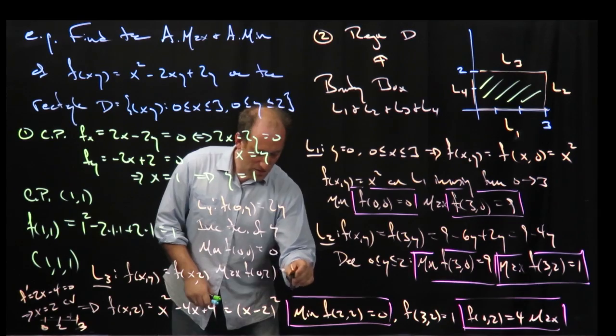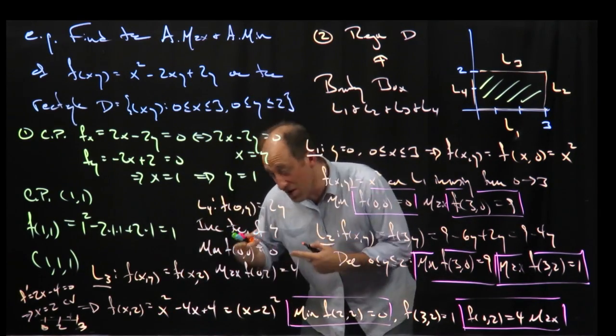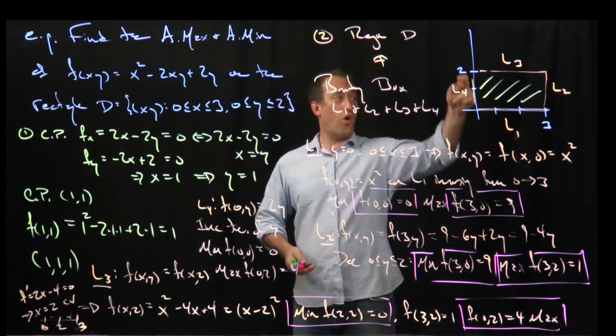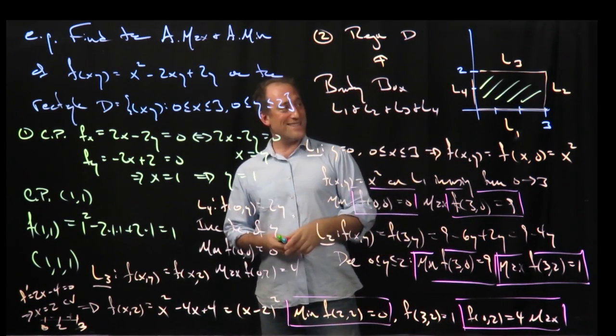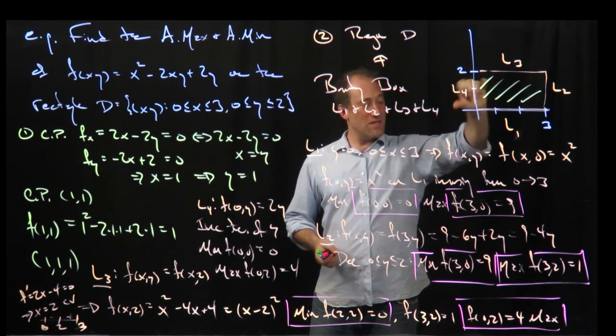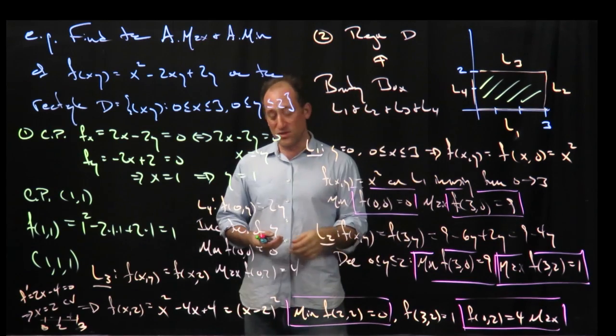Now, you'll notice there's a bit of redundancy in here because I calculated every corner of this twice. That's natural because you pick it up on the right endpoint of L1 and the left endpoint of L2.